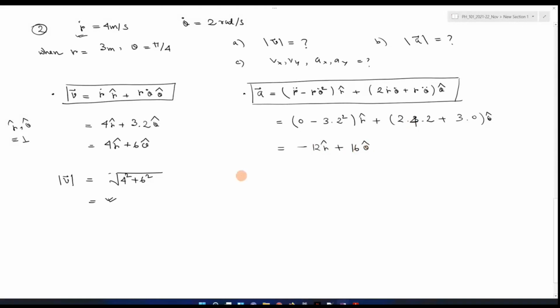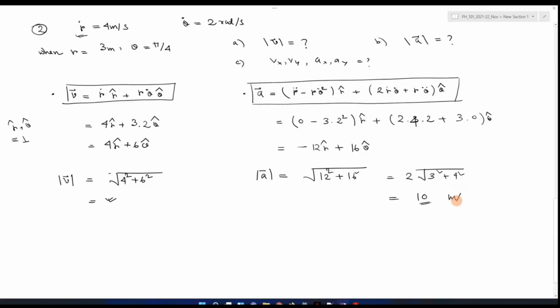So how to find the magnitude of acceleration? It will be simply 12 square plus 16 square. 4 into 3, so we can take 2 out. 3 square plus 4 square. So it's basically 5 square, 5 into 2, 10.